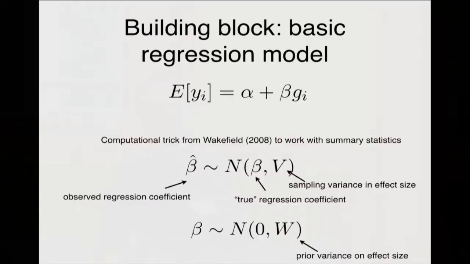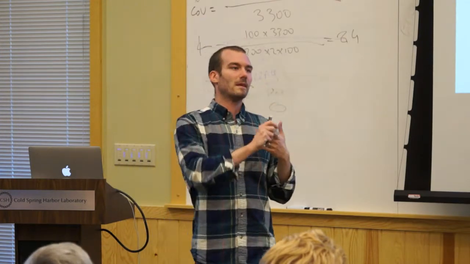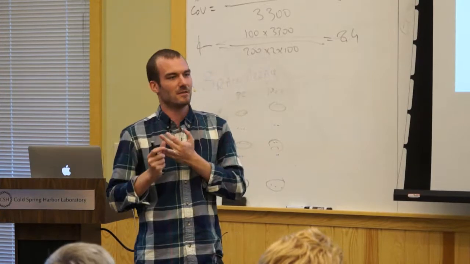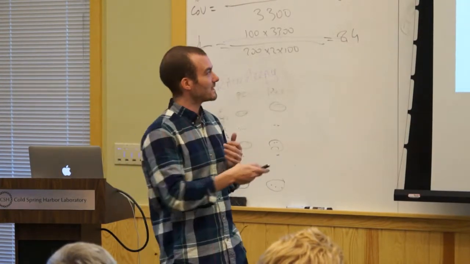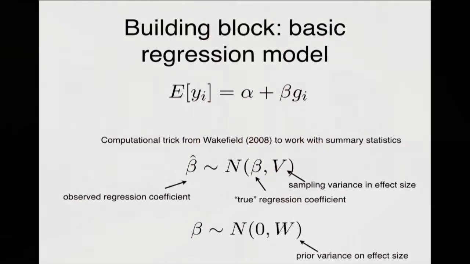And so the reason to do this computational trick is that if this is 1 million people and that's 1 million people, and you want to do this 1 million times, now you're counting to 1 million a lot of times, and it gets very computationally intensive. Also, in the field of human genetics, unlike in other fields, people don't share their data as well. People are often not willing to give you genotypes and phenotypes for 100,000 people or 1 million people, but they're often willing to give you the estimates of beta.